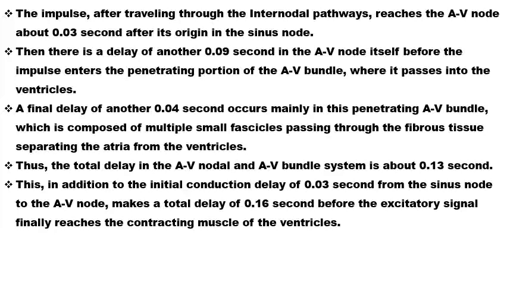A final delay of another 0.04 second occurs mainly in this penetrating AV bundle. Thus, the total delay in the AV nodal and AV bundle system is about 0.13 second. This is in addition to the 0.03 second from the SA node to the AV node.